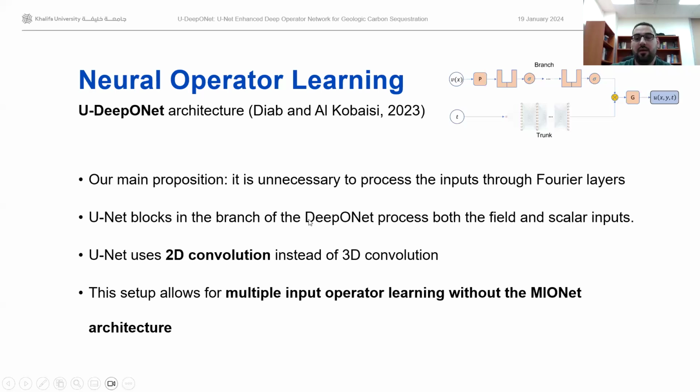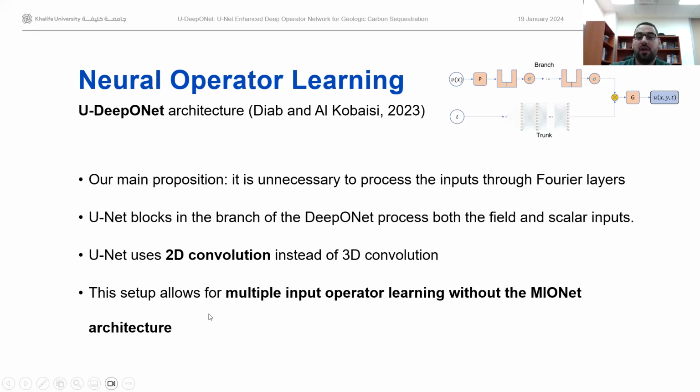It doesn't have that computational significance. And because we separate the time into the trunk and process it separately, just like in the MIONet, we can use 2D convolution in the UNet and get rid of the 3D convolution, which is quite expensive to compute and to train.